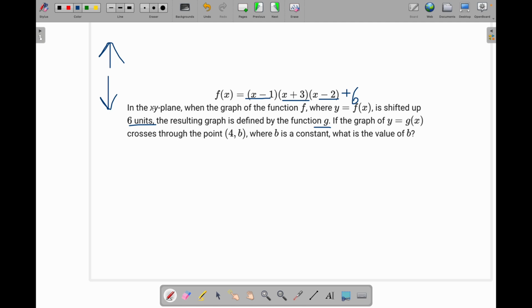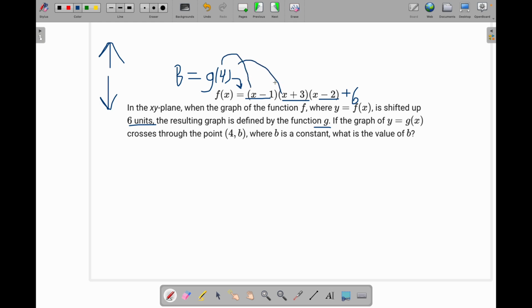And then they give us a point 4, b. So at some g of 4, g of 4 is equal to b. So what we're just going to do is plug 4 into every single one of these x values.